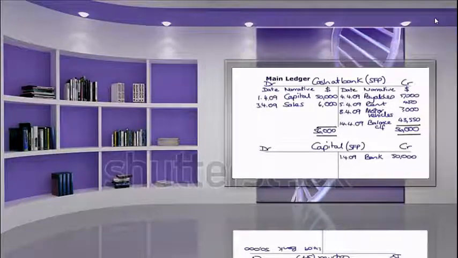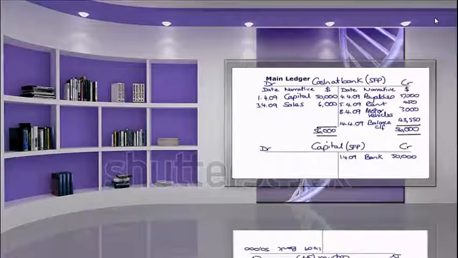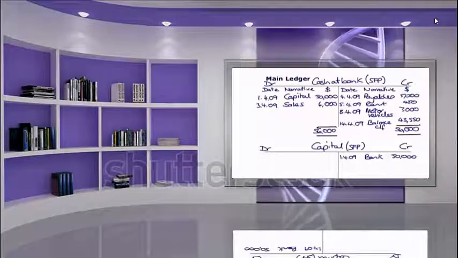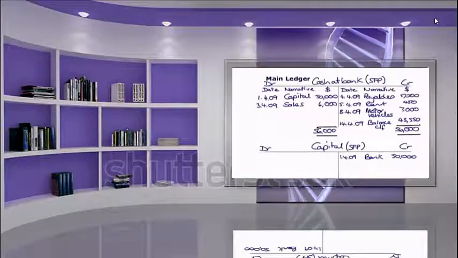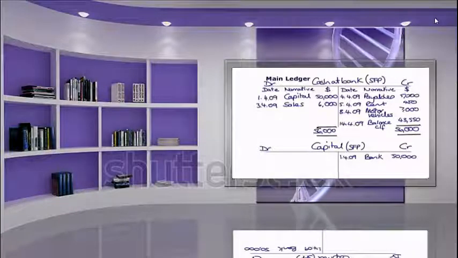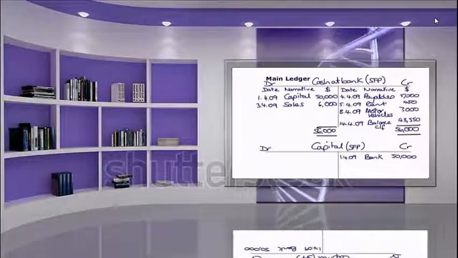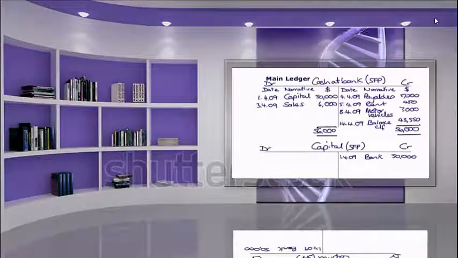Now what we're going to have then is an opening balance, which, as you can recognise, would be the opposite to the closing balance. Now with an opening balance, we're going to call this balance brought forward. Okay? And the balance brought forward, or opening balance, will be on the opposite side to where the closing balance was popped in.